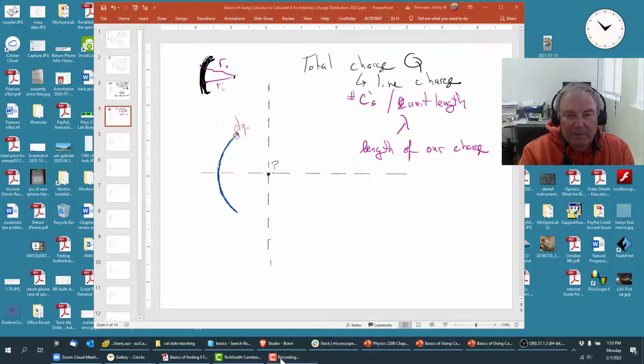Okay. The length of our charge, well, we know that we have a radius here called A. And we also know something about radians. So we know, for example, there's 2 pi radians in a circle, and the circumference of a circle is 2 pi r, which is a length, right?